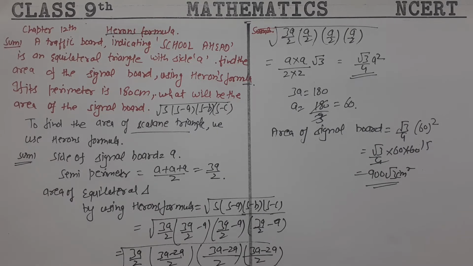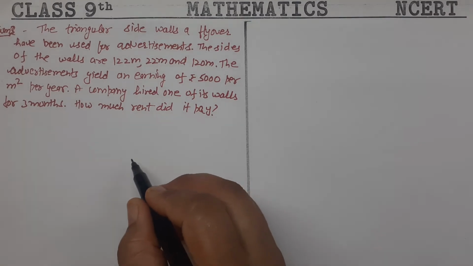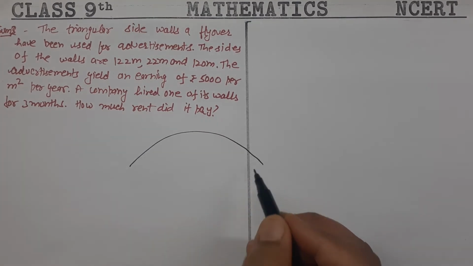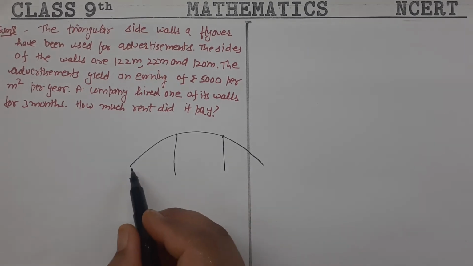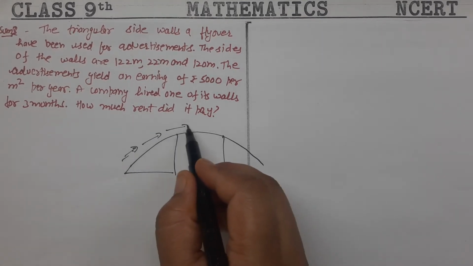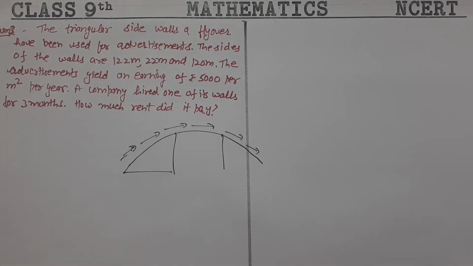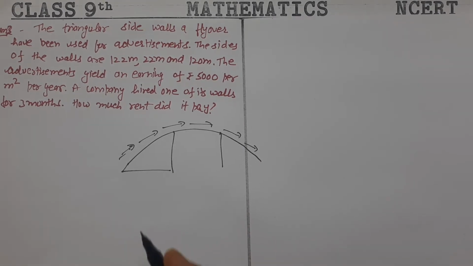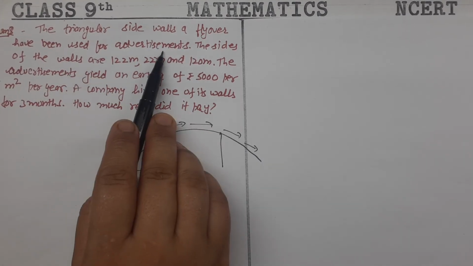Next is sum number 2. The triangular side wall of a flyover has been used for advertisement.